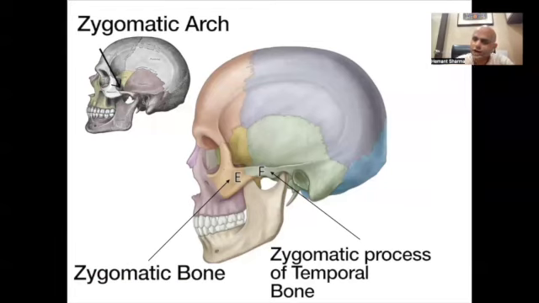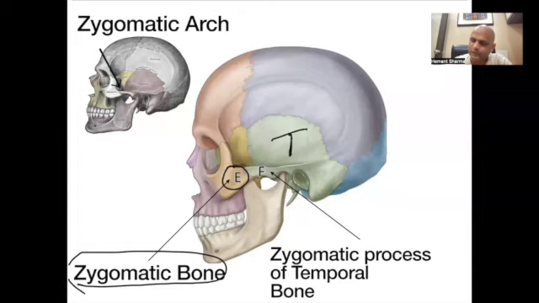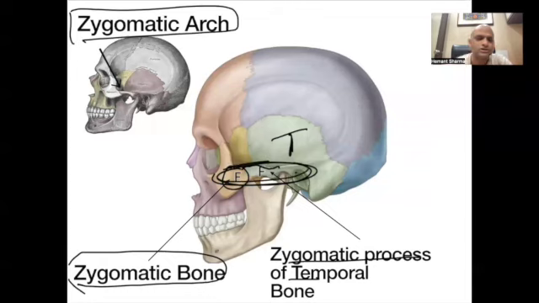The E written here, that is the zygomatic bone. And this is the temporal bone. The temporal bone is touching the zygomatic bone with the help of this process, which is called the zygomatic process of the temporal bone. This structure altogether is called the zygomatic arch, like a bridge. This is very important.